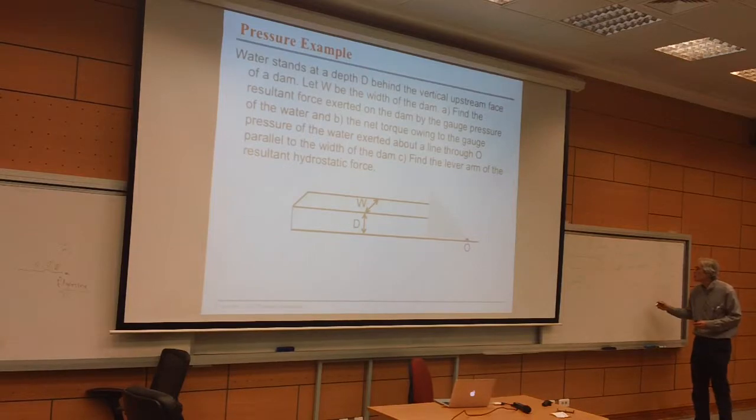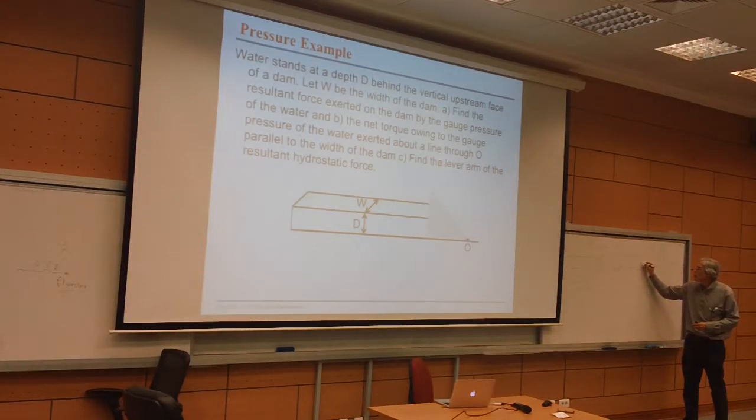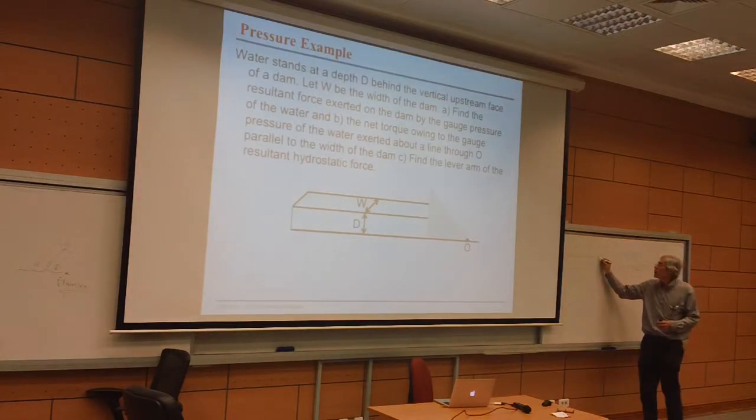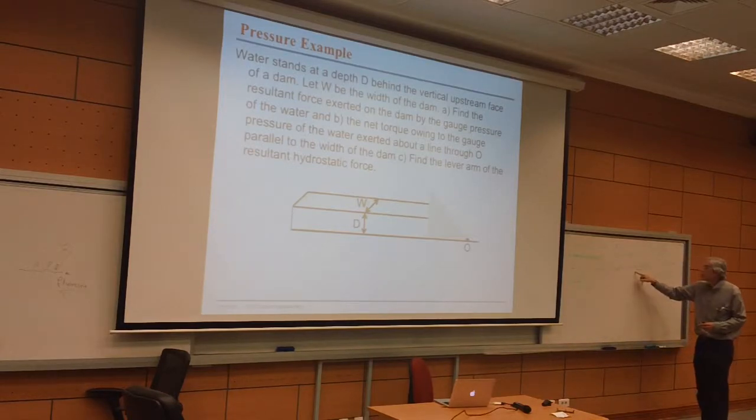The pressure is equal to rho gy. Now for this strip, the pressure is constant. As I go this way, it varies. But as I go this way, it's constant. Do you agree?